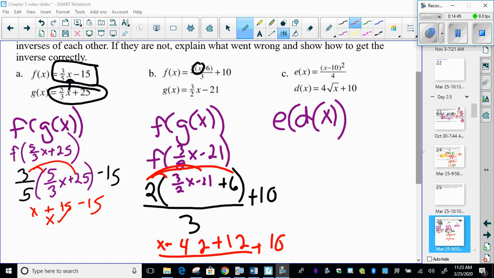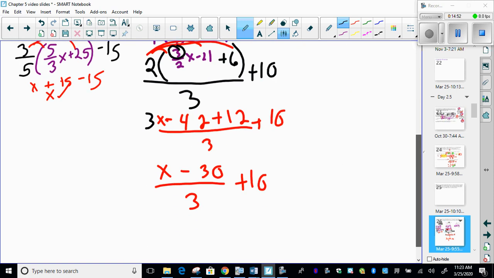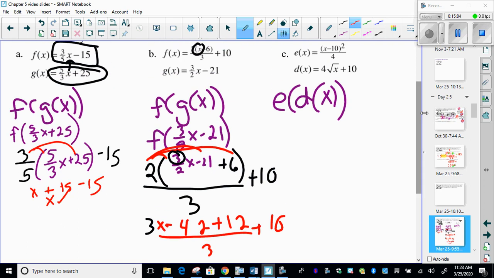But I lost this 3 here. Sorry about that. I lost that 3 along the way. That's a 3x. Something wasn't simplifying right. Okay, so I'm dividing that all by 3. So therefore, that's x minus 10 plus 10, which is x. So yes, those are inverses as well.